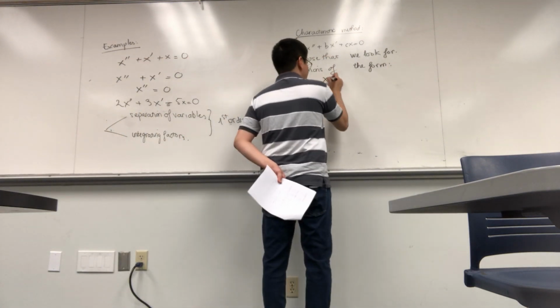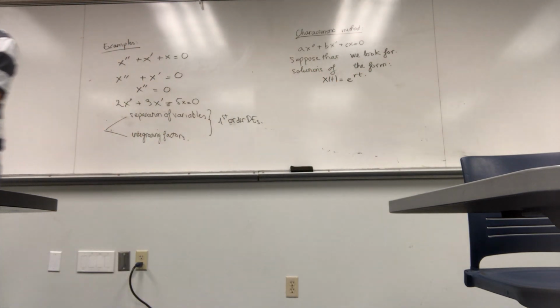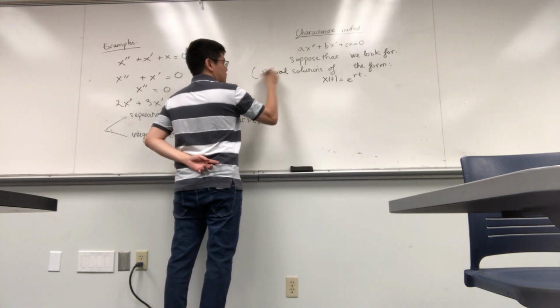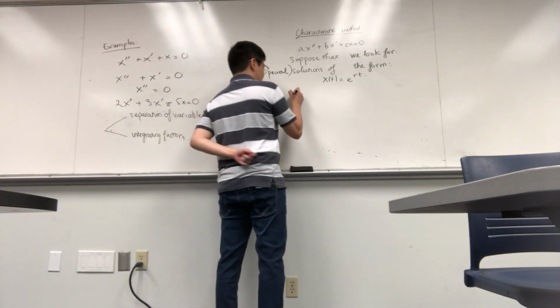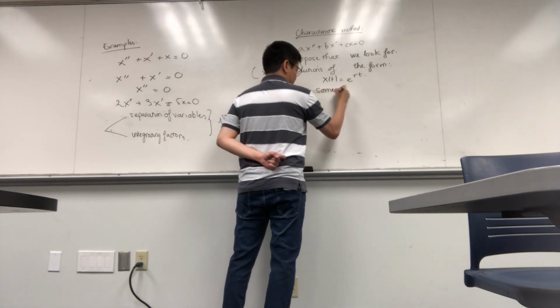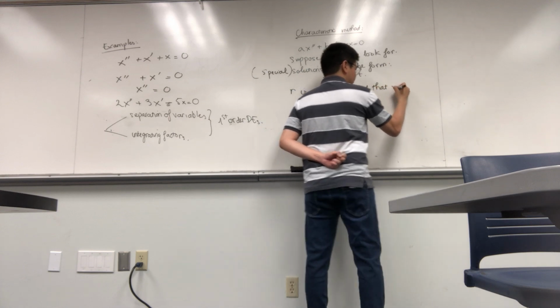Suppose that we look for a special solution of the form x(t) equal to e to the rt. r is some constant that we don't know yet.